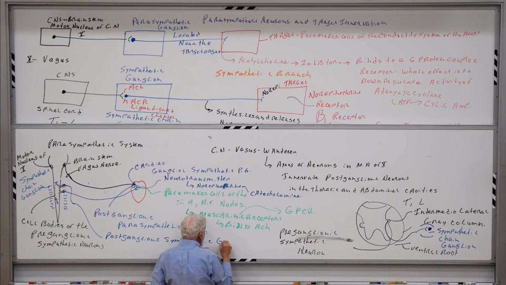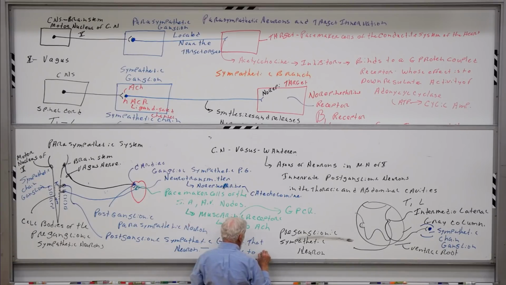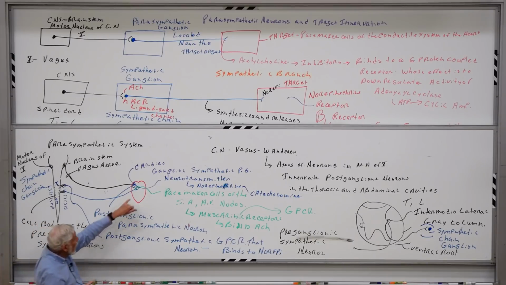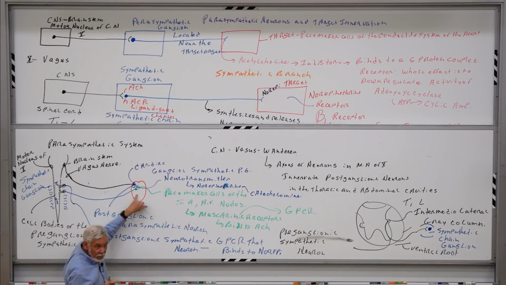There's a GPCR, a G protein coupled receptor, that binds to norepinephrine. I'll abbreviate that norepi. So this G protein coupled receptor is found in the target cell. Any questions up to here about the anatomy of these two and where the different neurotransmitters are and what receptors they bind to?